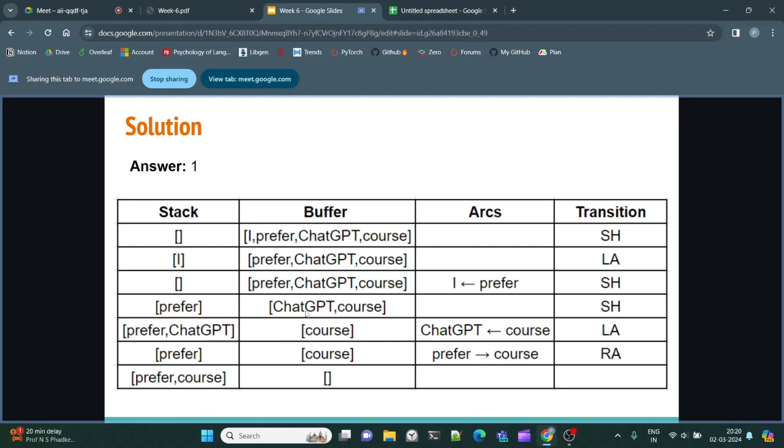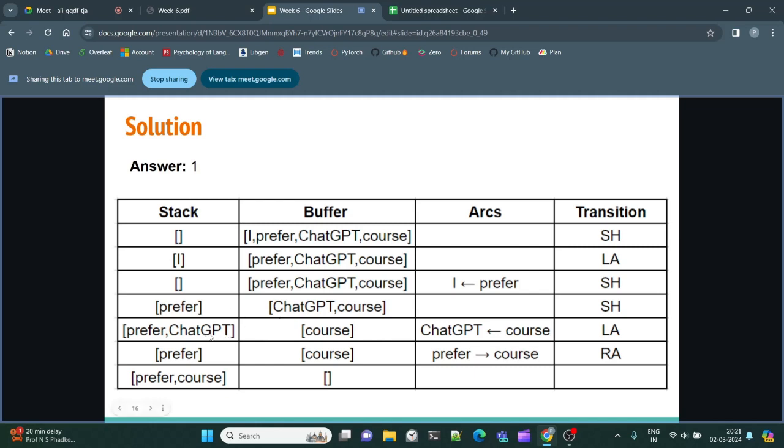And we say right arc, the head is in the top of the stack and the dependent is in the top of the buffer. Yes. So the reference changes, right? It is right and left. Yes.